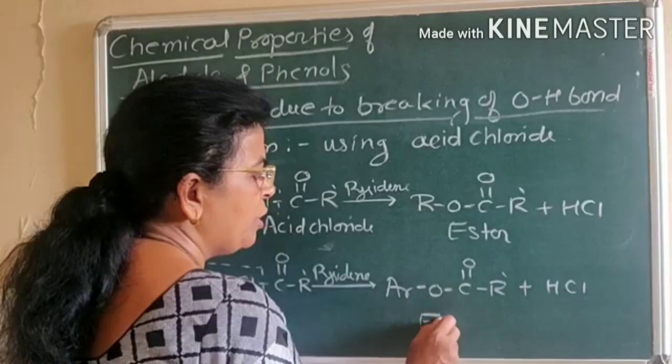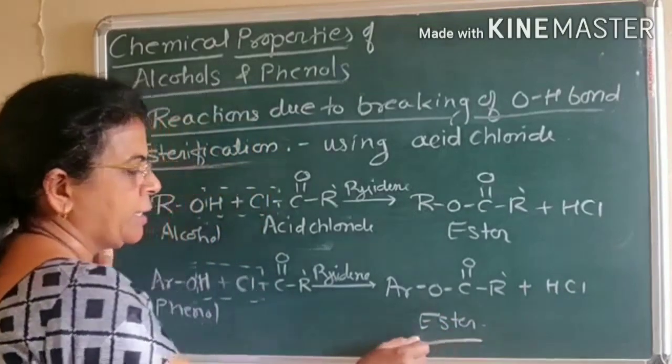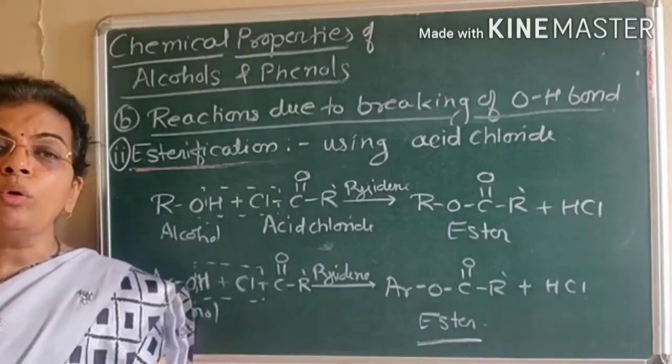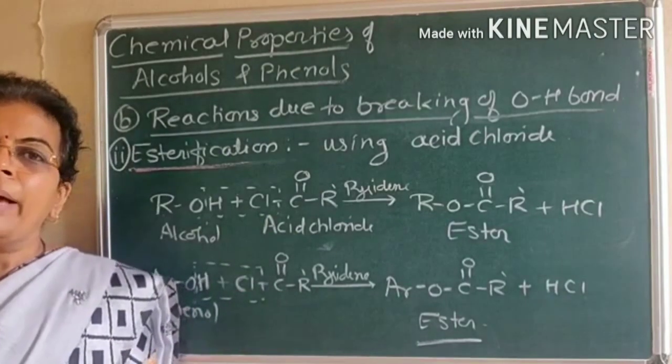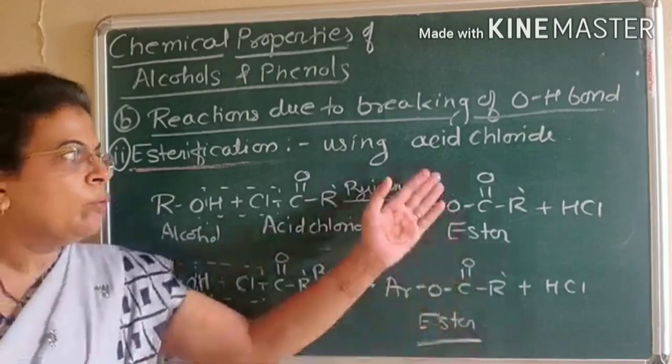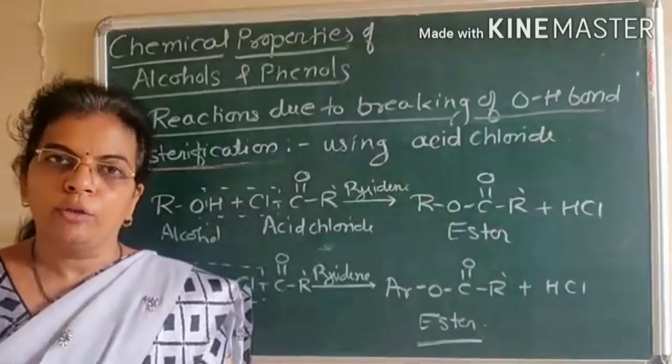This is ester, but this ester is an aromatic ester. That is, in this way we can convert alcohols and phenols into ester by using carboxylic acid, by using acid anhydride and by using acid chloride also.